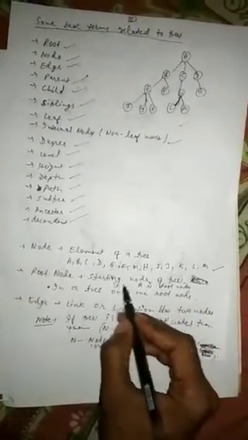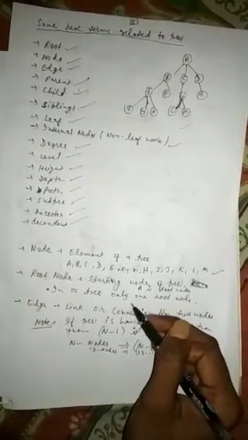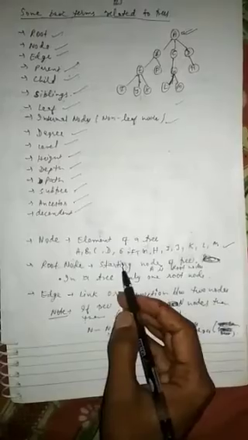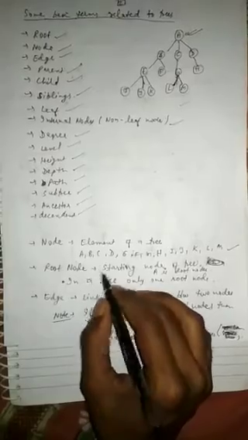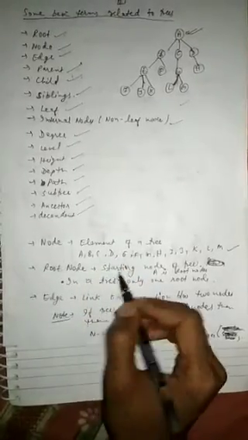After that, the root node. What is the root node? The starting node of a tree. Here A is the starting node, so A is the root node. In a tree there is only one root node.